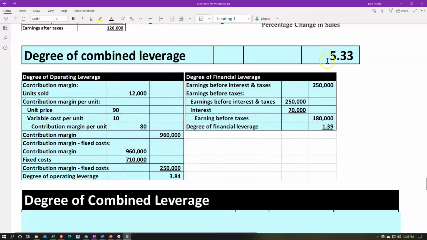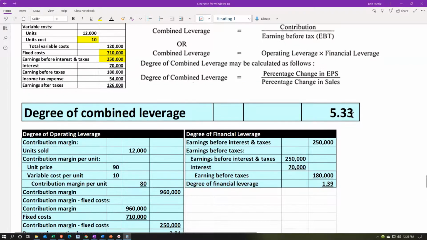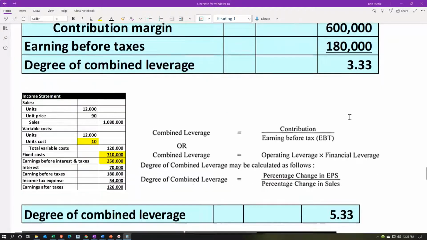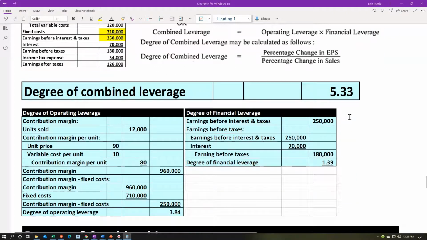So that's one way we can do it. We got the 5.33, which is of course higher than the 3.33 we saw before. And that means that there's more leverage, more risk, also more possible benefit in the case of good times, more problems in the case of a decline, typically with the higher leverage. Why is there higher leverage?